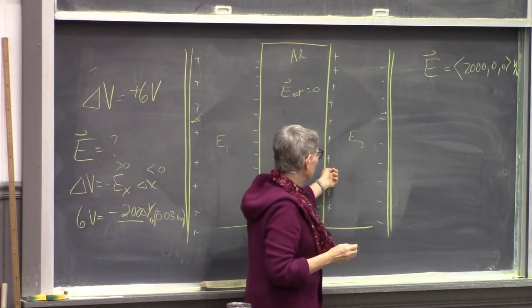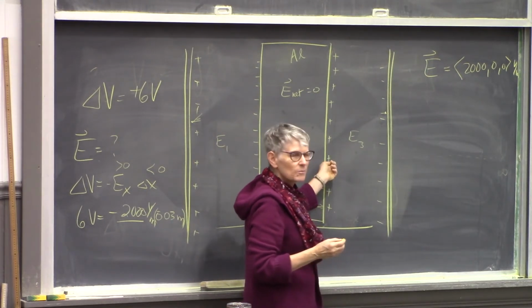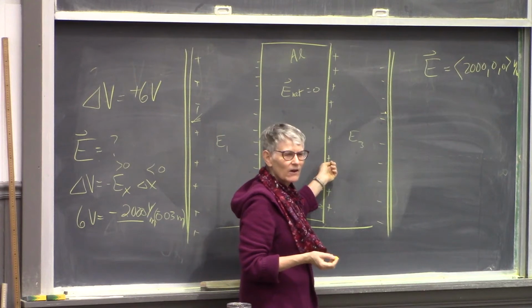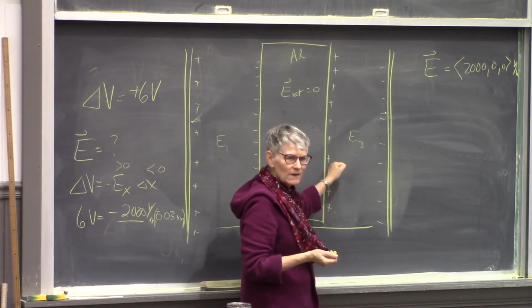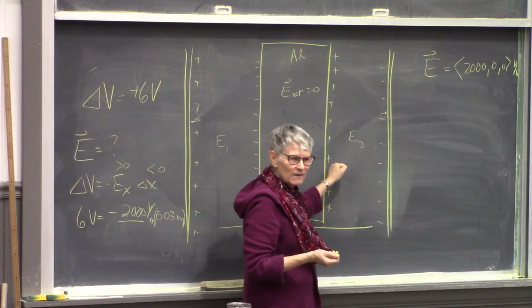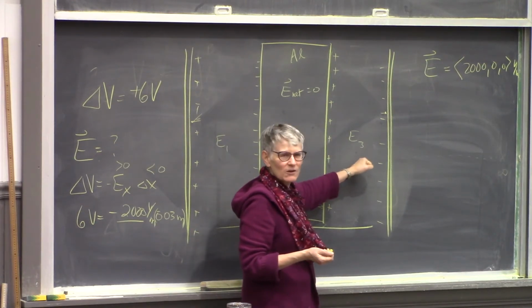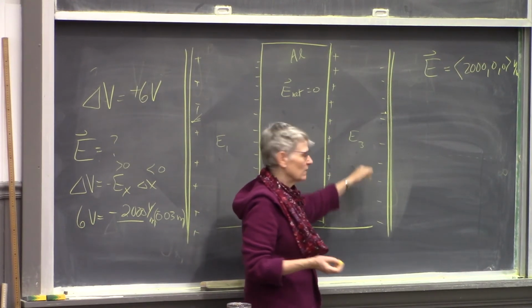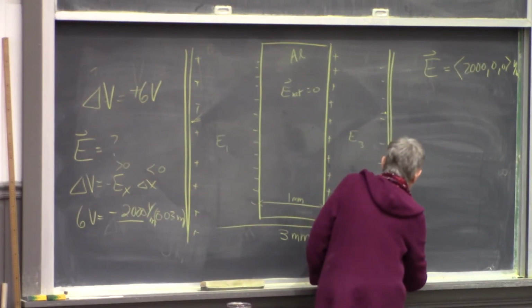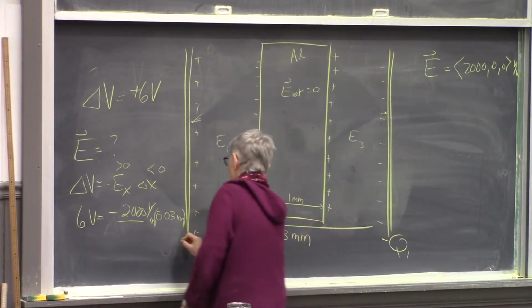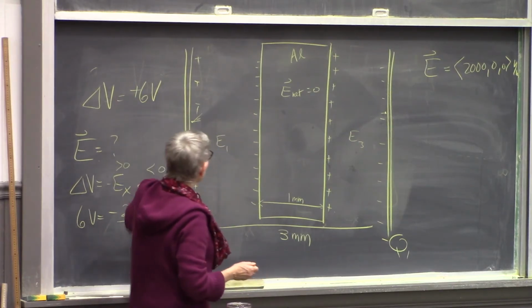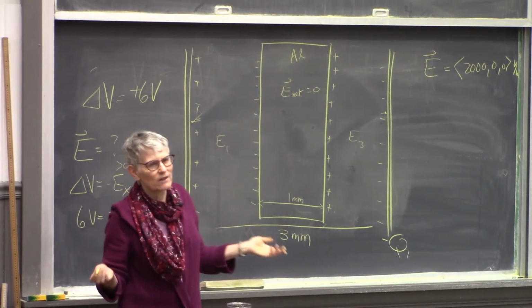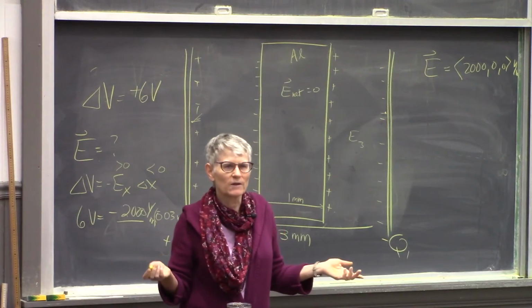So if we could somehow figure out how much charge is here, then we might be able to figure out the field here. So we'll call this a minus Q1 and a plus Q1, and if we knew the radius of the disk, we could calculate that charge from the field.